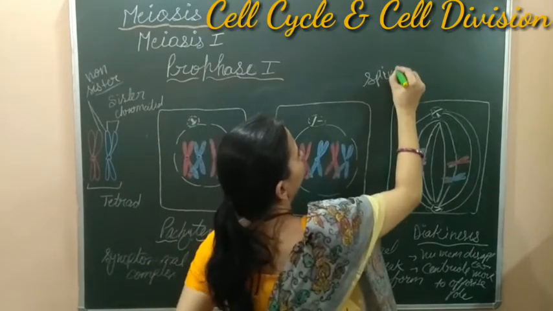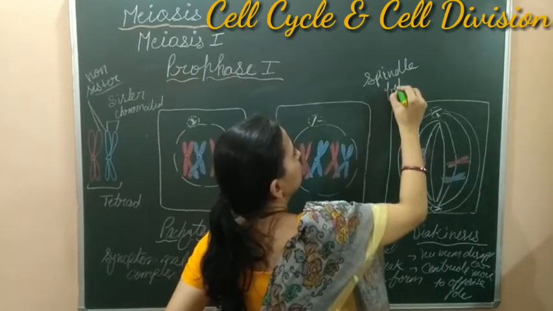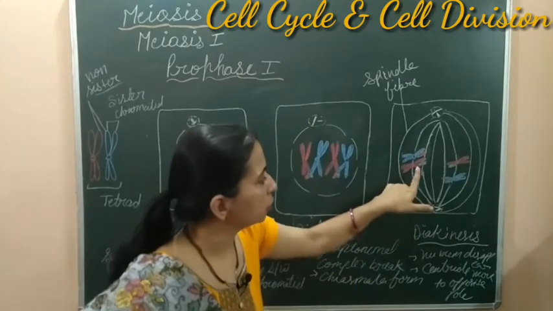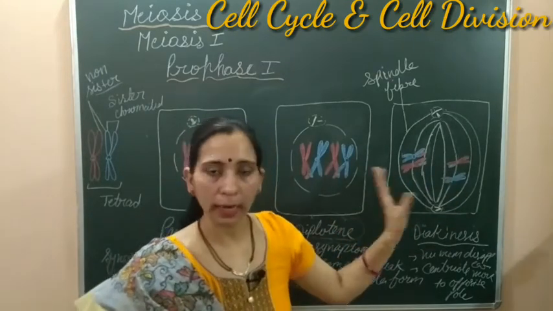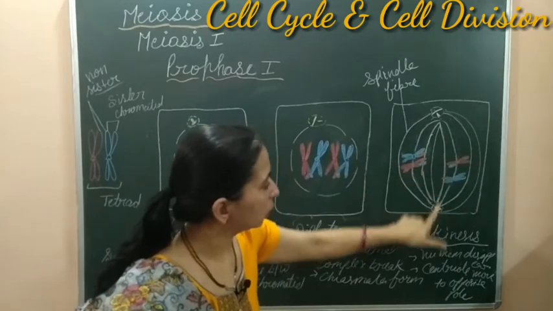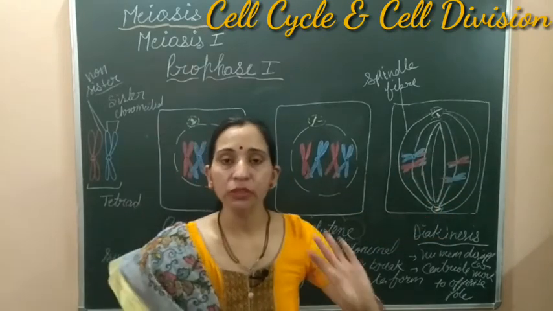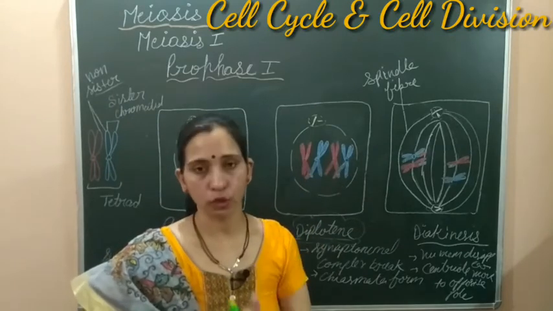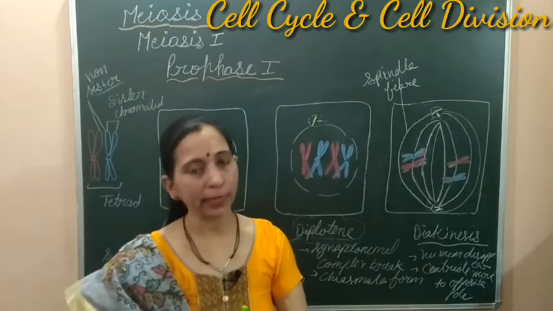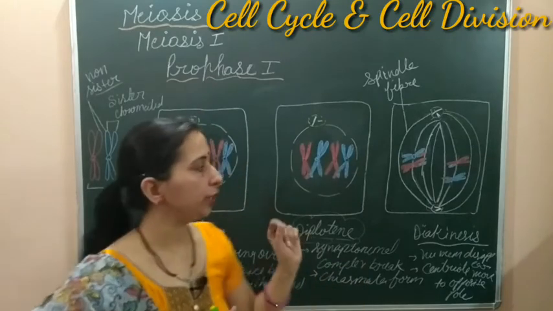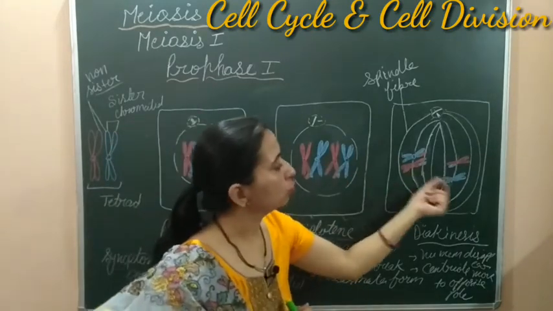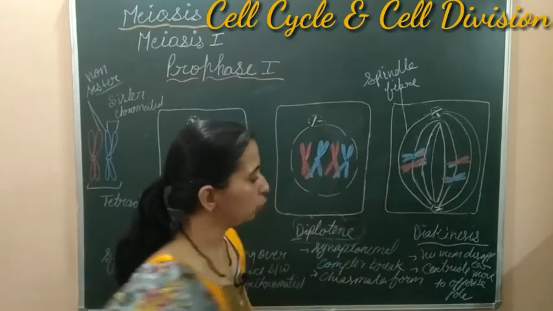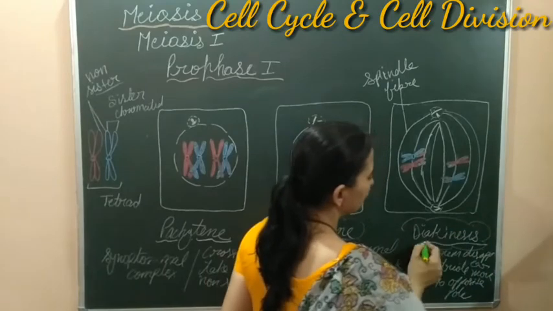Spindle fibers are formed here, and some of these spindle fibers are continuous and some are discontinuous. Discontinuous spindle fibers remain attached with the chromosome, and the continuous ones are like this. So spindle fibers also form, and these homologous chromosomes, which are the crossed over chromosomes, जिनके अंदर crossing over हो चुका है, and they have exchanged genetic material, these crossed over chromosomes now join with the spindle fibers. These changes happen in this phase, which is known as diakinesis.